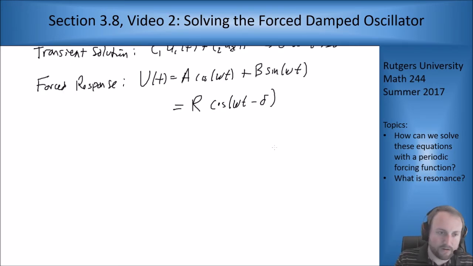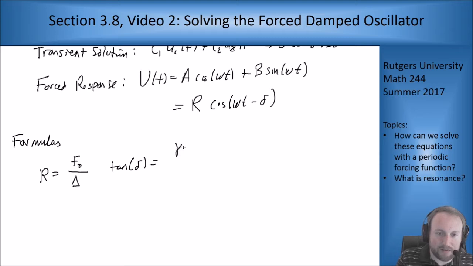These are formulas. R is going to be F0, the amount I'm forcing it by, divided by delta. I'll write delta later. The tangent of little delta is gamma times omega over m times omega 0 squared minus omega squared.